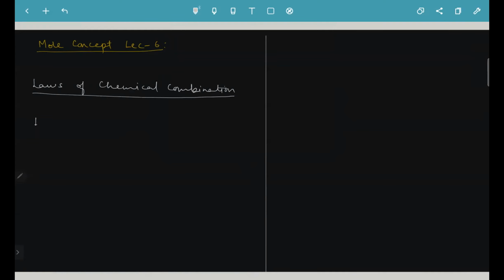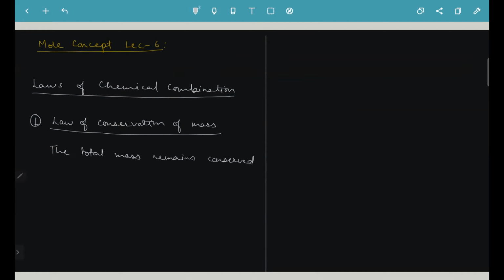The first law which we'll discuss is the law of conservation of mass. The statement says that the total mass remains conserved, remains constant in a chemical reaction.